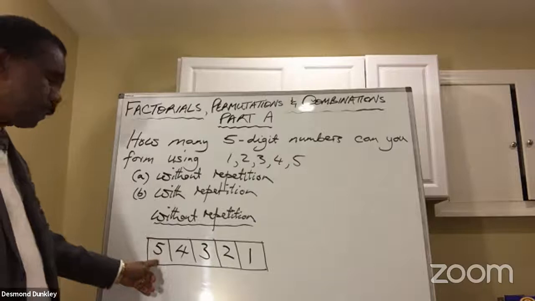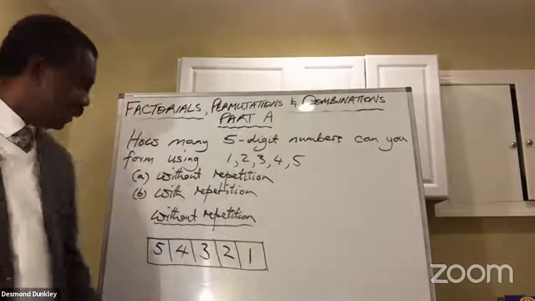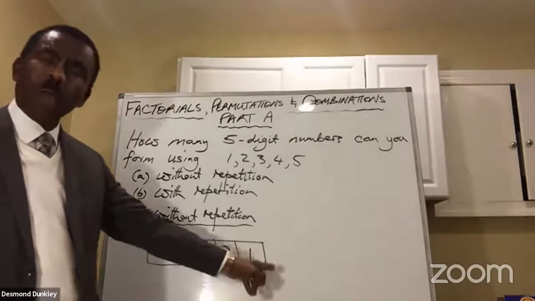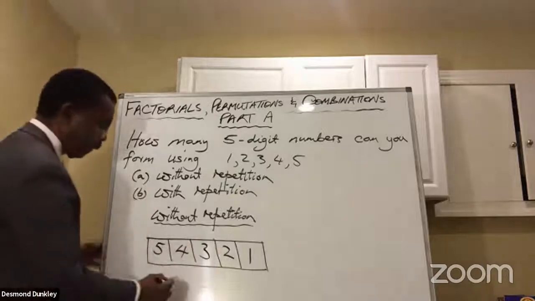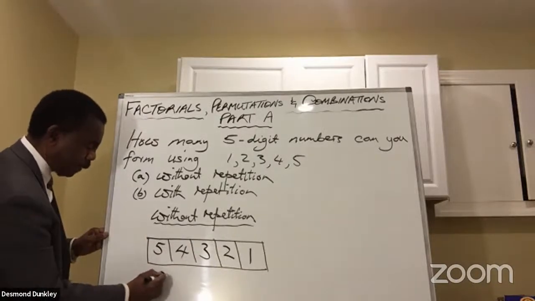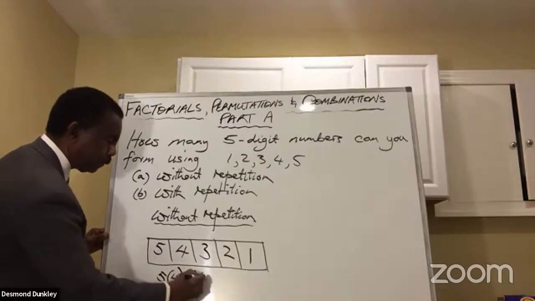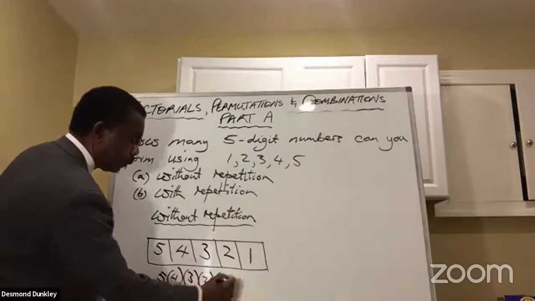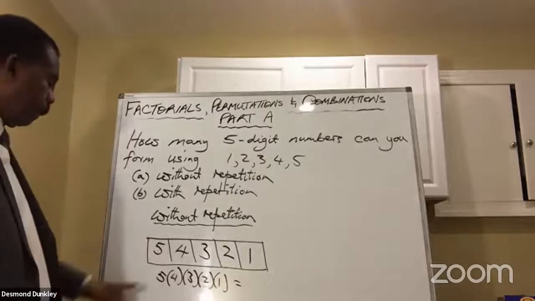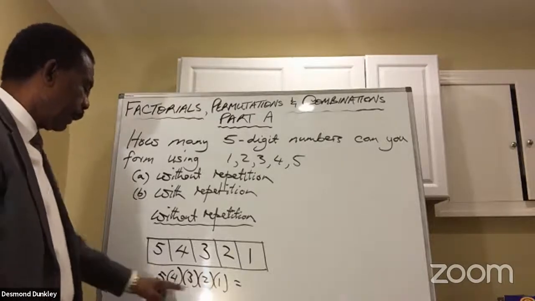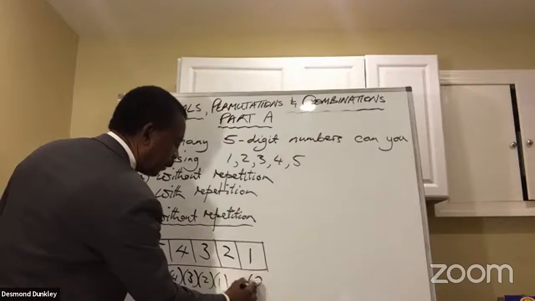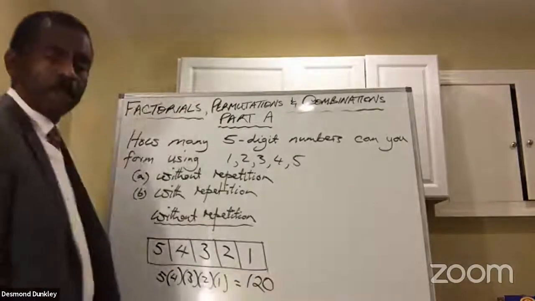So the first spot can be selected 5 ways, 4 ways, 3 ways, 2 ways, 1 way, for a total of 5 times 4 times 3 times 2 times 1, which is 120.